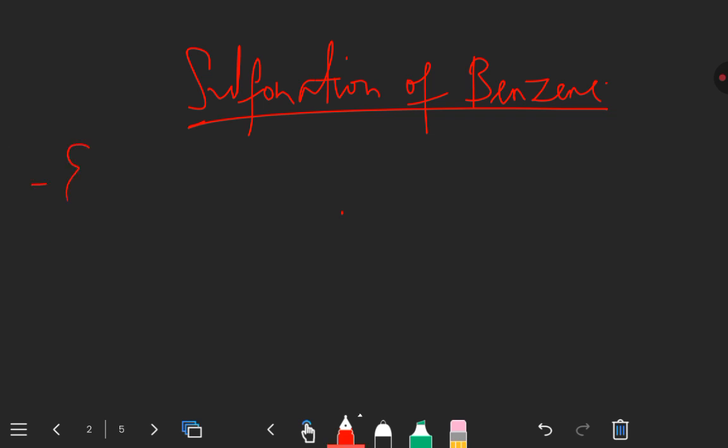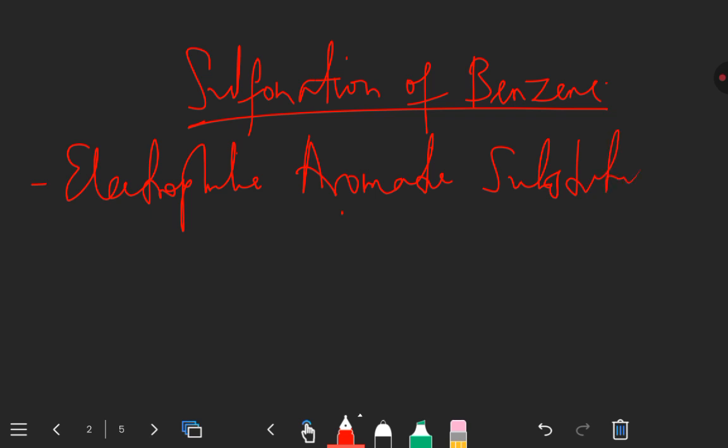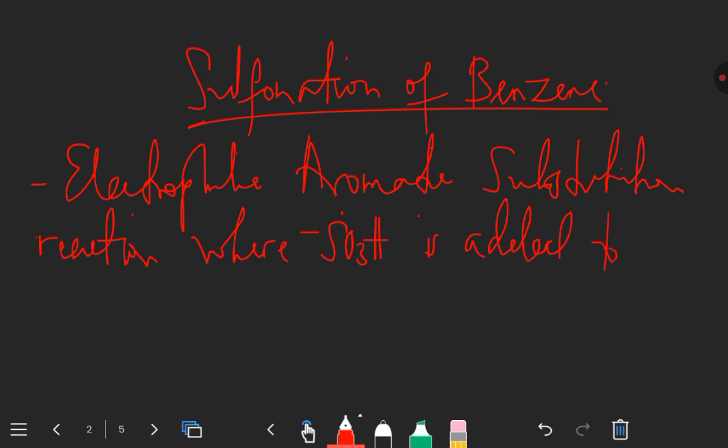So what we are saying is that it is just an electrophilic aromatic, because we are dealing with benzene, substitution reaction where the group, which is SO₃H, is added, where this group is added to the benzene ring.